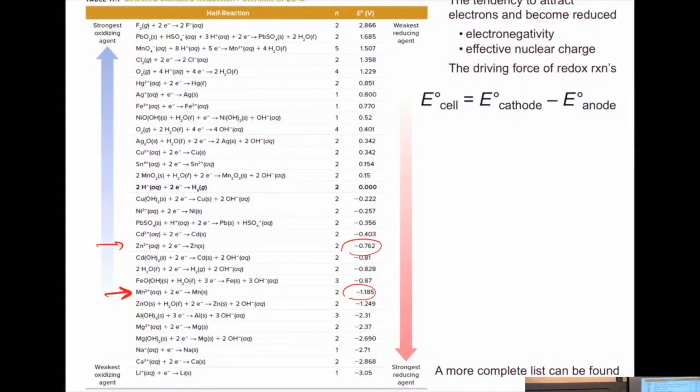So when we put these in competition, the one that will get reduced will be the one with the highest reduction potential, which means zinc is going to get reduced, which means manganese gets oxidized. So we take whatever that reduction potential is and we reverse it, because the reaction is going backwards. That's all we're doing.